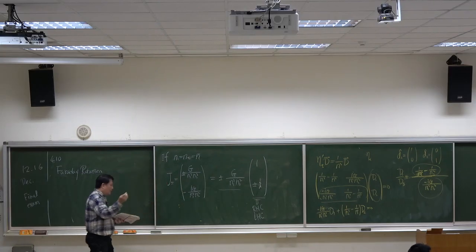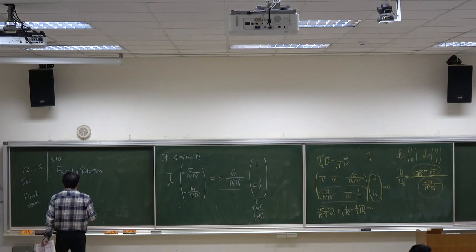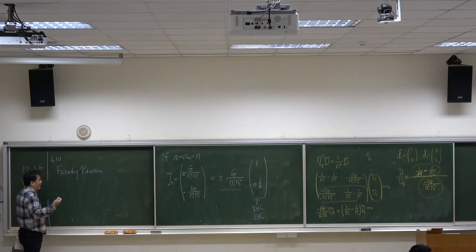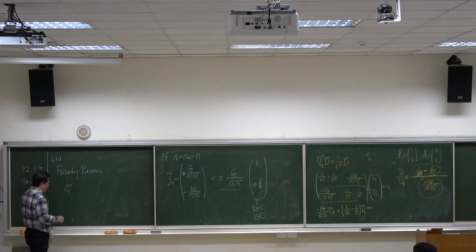So the spin or electron motion will be influenced by the applied magnetic field. So now we still can write down a G vector.